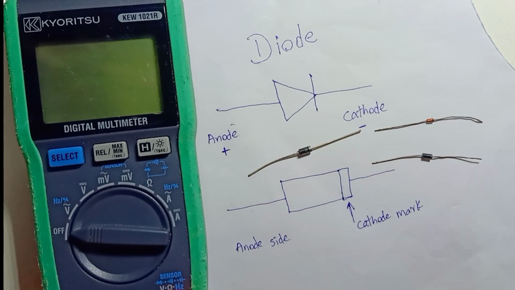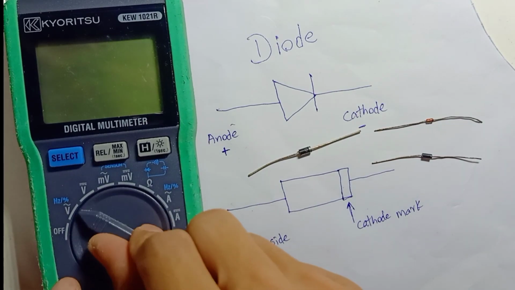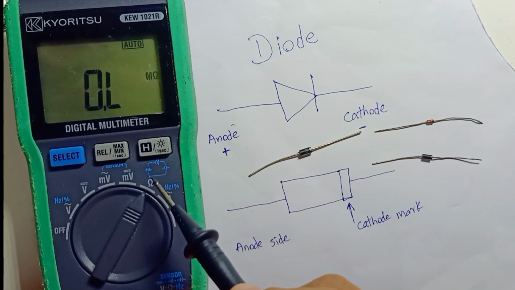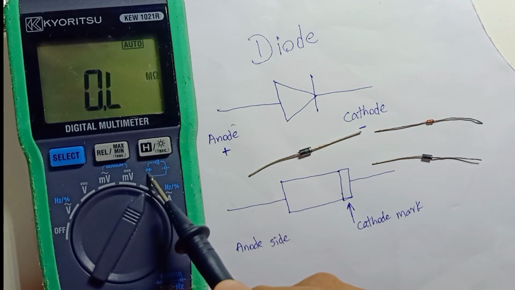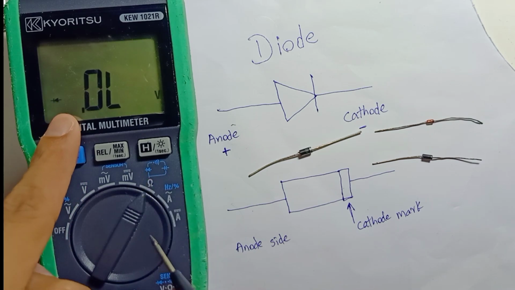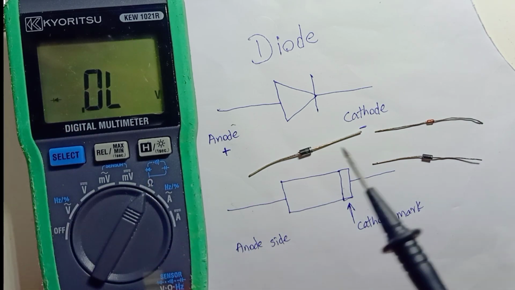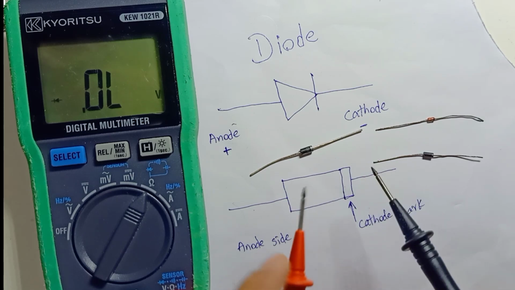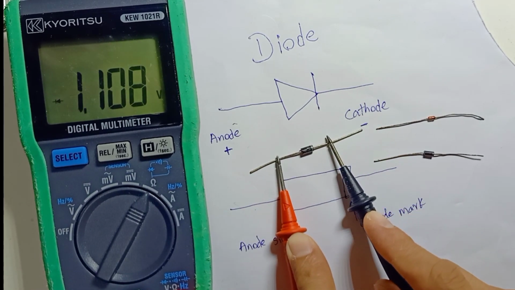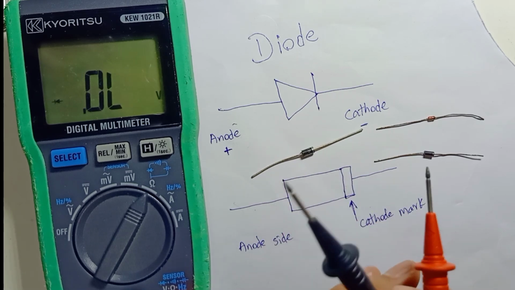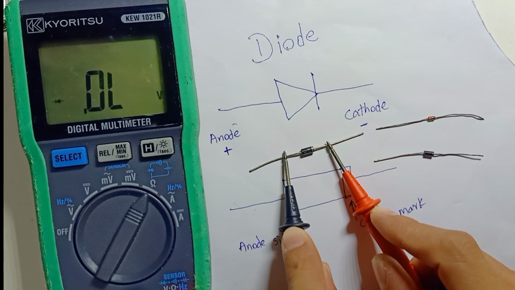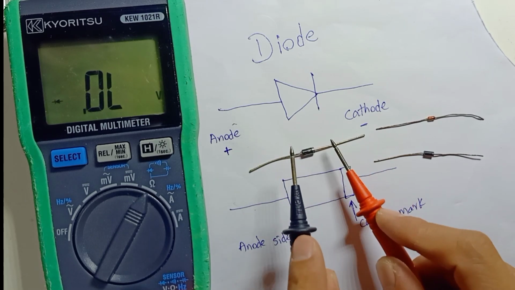I need to select the diode mode. For the diode testing mode, you have to see the diode symbol here. I need to press until I get the diode symbol, and then positive to negative. If I reverse, the diode voltage is blocked. So this is good condition.